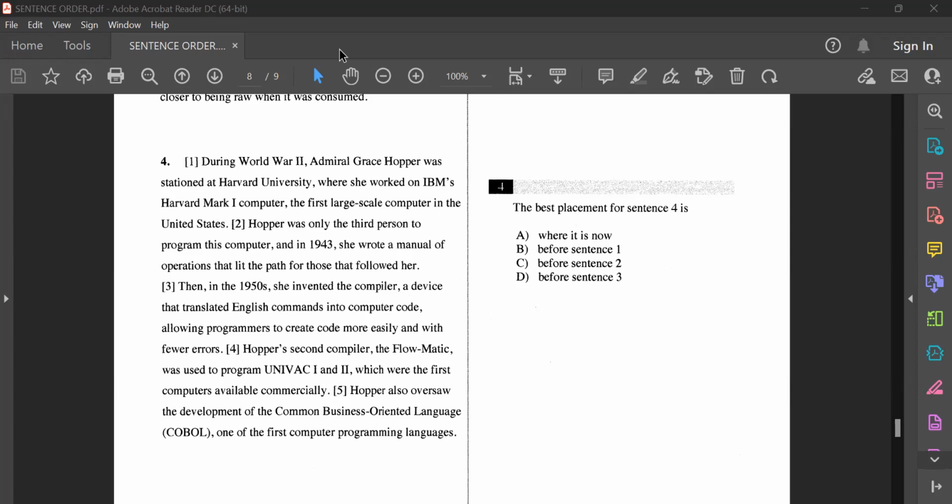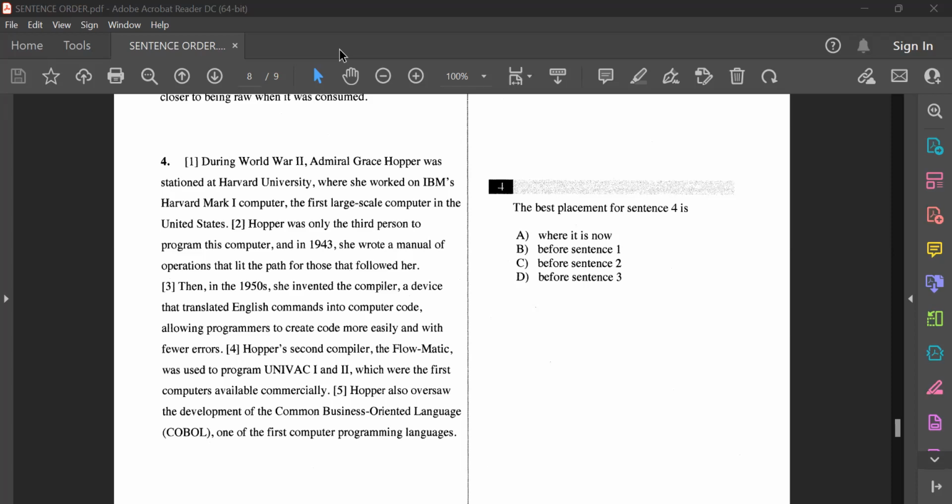Okay. What will be the answer, Vardhan? D, ma'am. Sorry, can you repeat? D, ma'am. No, Samiksha? Before sentence 2, option C. No, no, the answer is A.